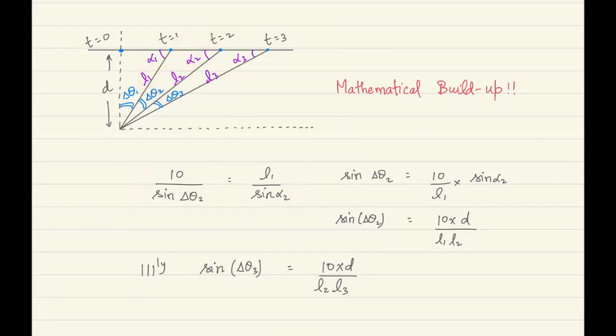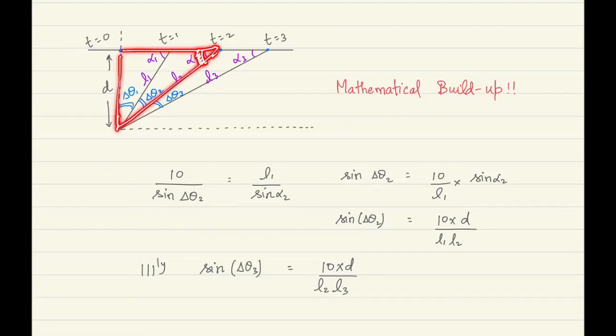Why am I doing this? So that I can figure out what happens to sine of delta theta 2. From this relation, if you find sine of delta theta 2, you get sine delta theta 2 equal to 10 divided by L1 into sine alpha 2, just rearranging it. You take sine alpha 2 and L1 in the denominator and bring sine delta theta to that side. Now for sine alpha 2, consider this particular right angle triangle, and note the angle alpha 2 in the diagram.